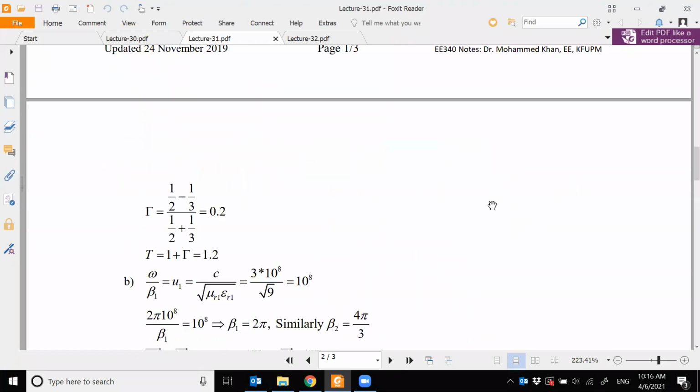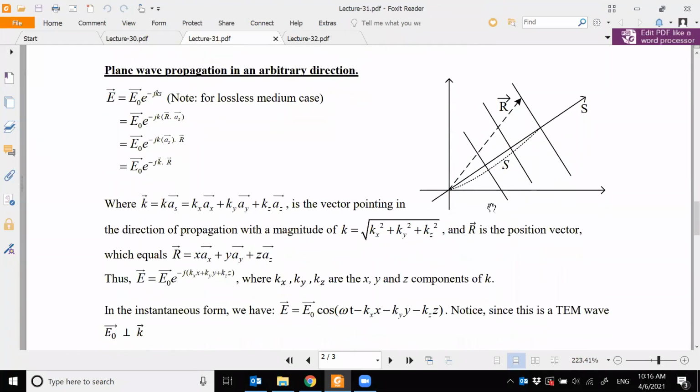Now, in an arbitrary direction, how do we represent the propagation constant? It can be represented with the following argument. First we define a position vector r bar. This r bar in 3 dimensions in our Cartesian coordinates is x ax plus y ay plus z az.